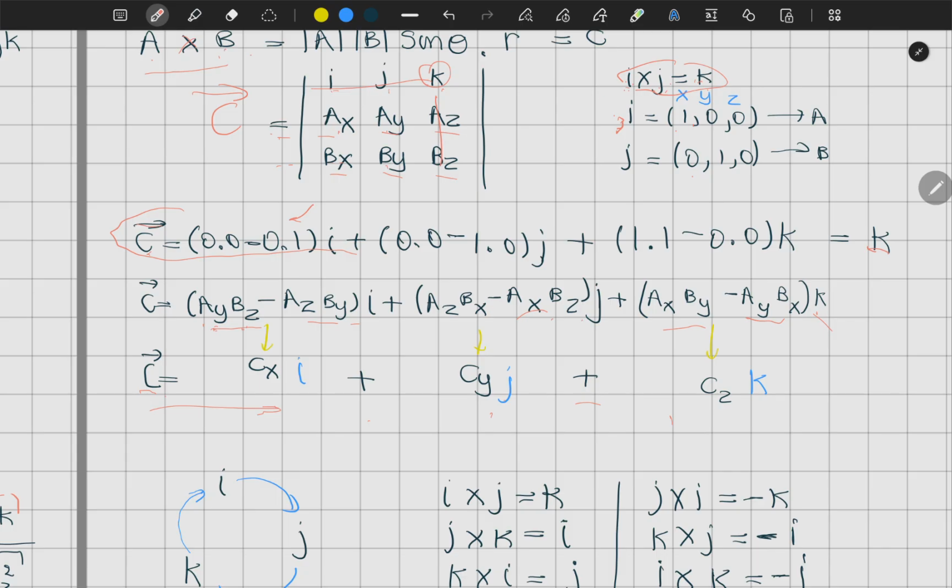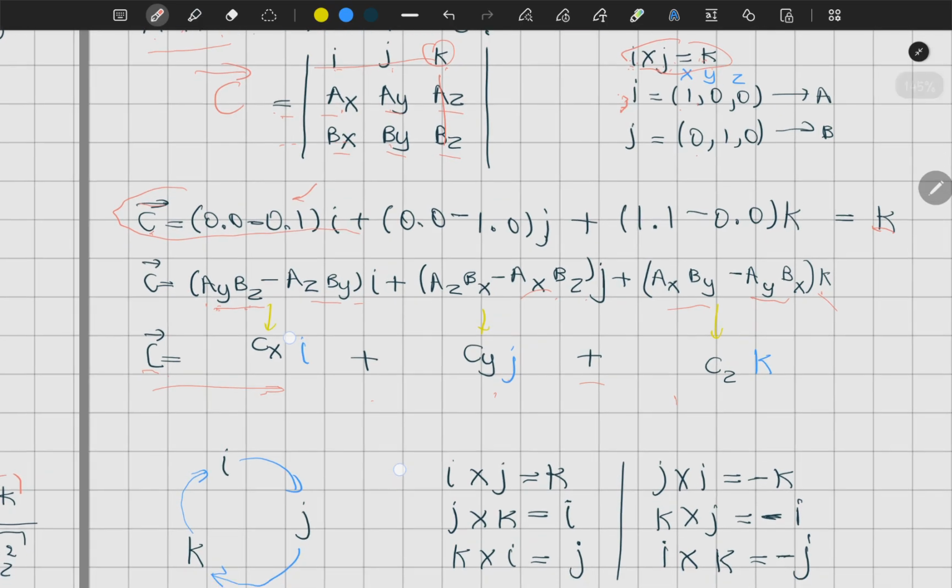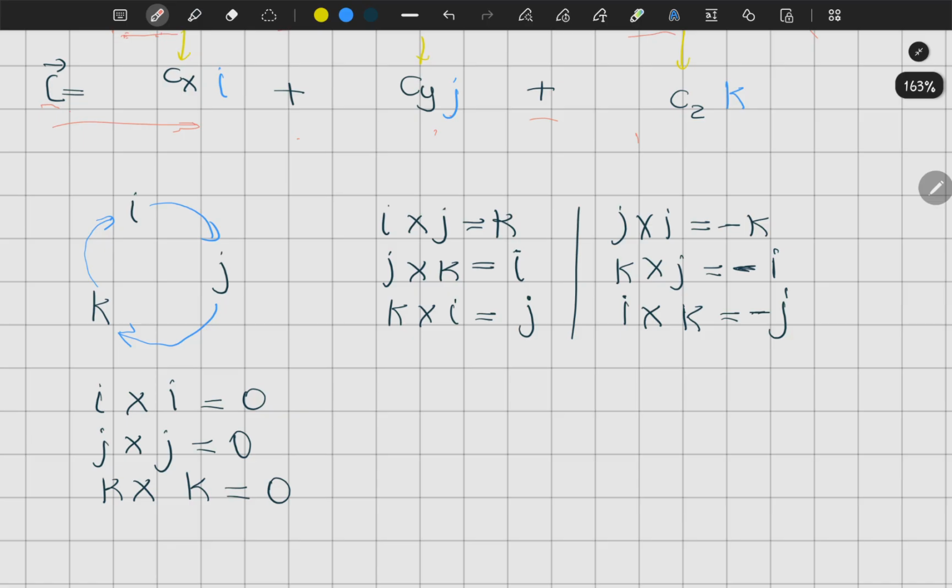That's what you see. We're actually representing them like this. And then this is also another rule you should know. When you move from I towards J, your answer will be K. Okay, this is something that you should remember.